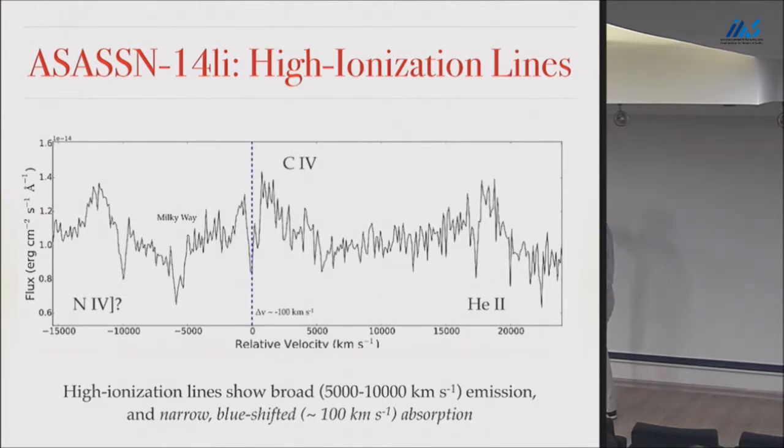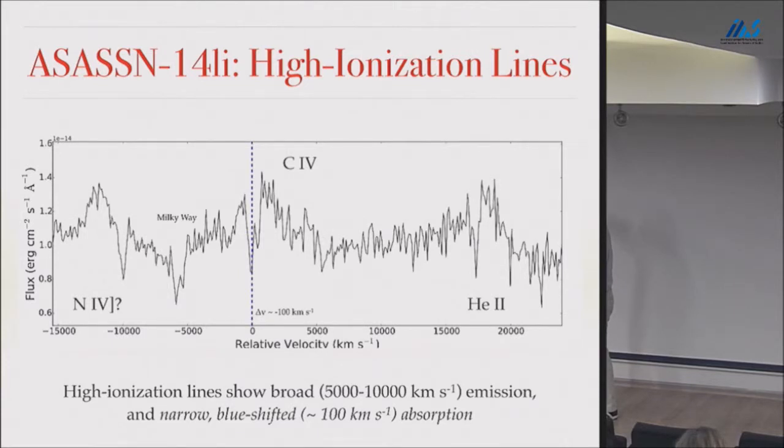Pretty good speeds. Also, strong, relatively narrow absorption lines. This is carbon-4 from the Milky Way. This is carbon-4 in the host galaxy. If you remember from the previous spectrum, the magnesium-2 was comparable strength to the carbon-4 in the Milky Way.